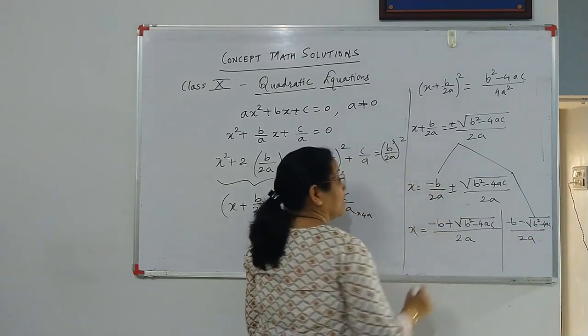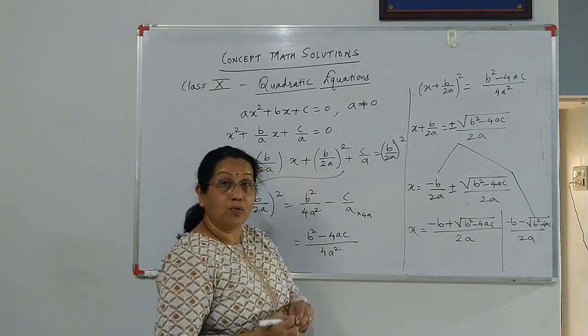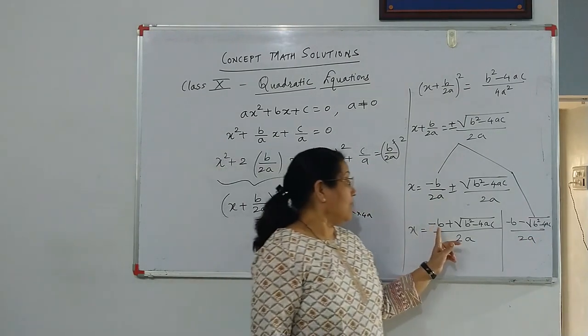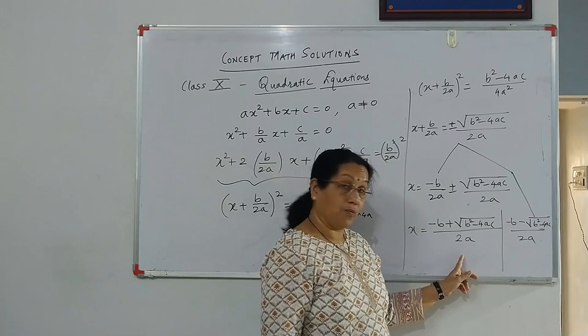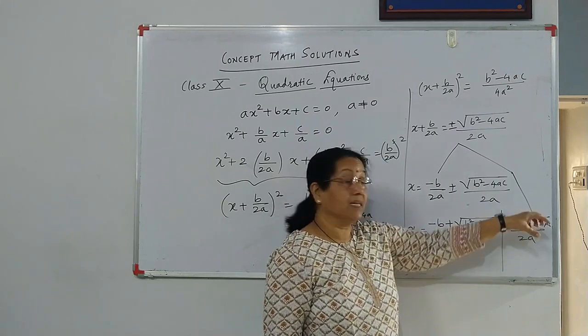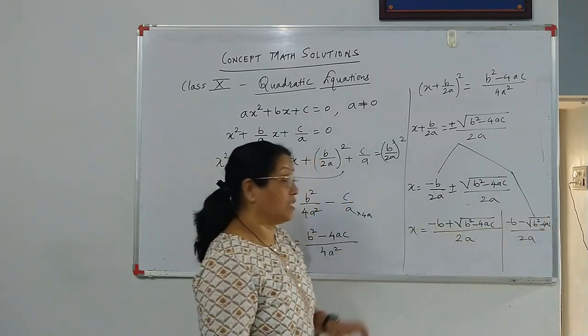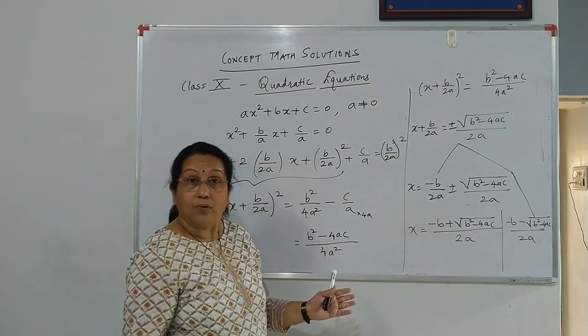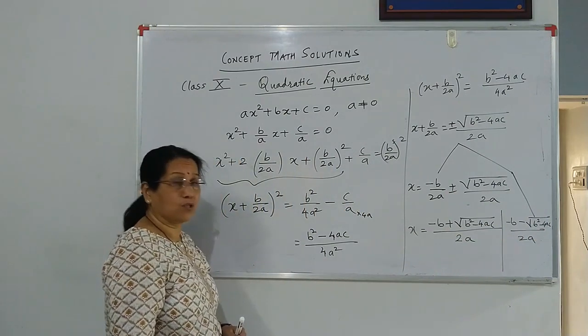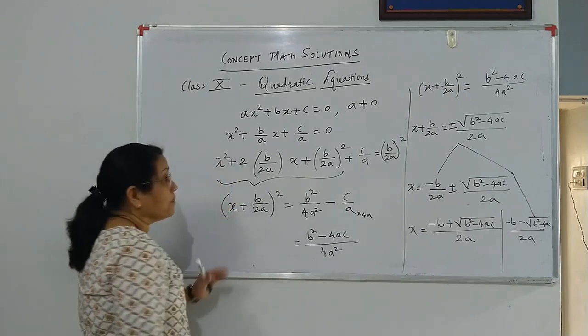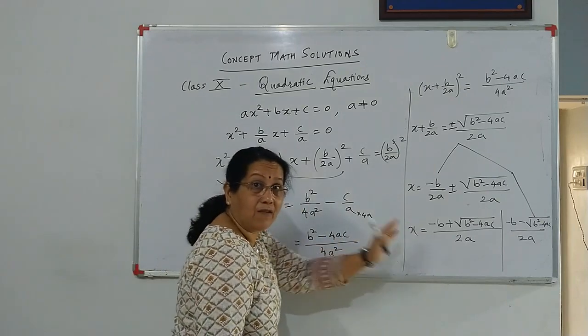That is, the quadratic equation will have two roots, minus b plus root of b square minus 4ac upon 2a and minus b minus root of b square minus 4ac upon 2a. It has two distinct roots, but it's not necessary that every time the roots would be distinct. Now, that is the derivation of the quadratic formula.